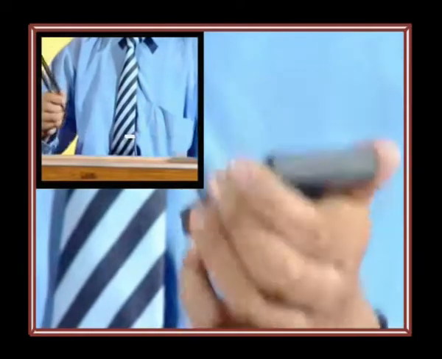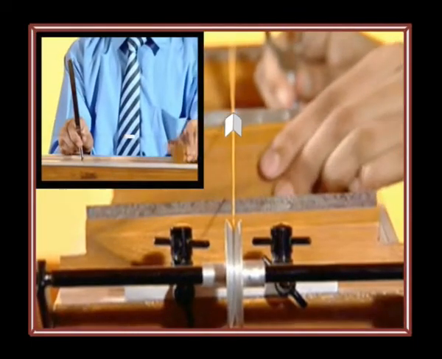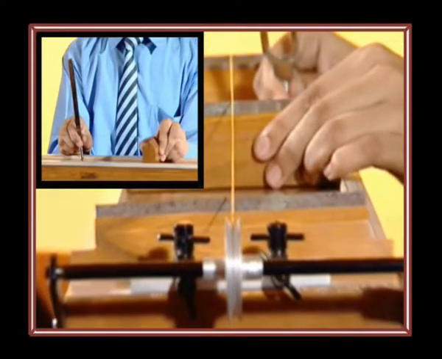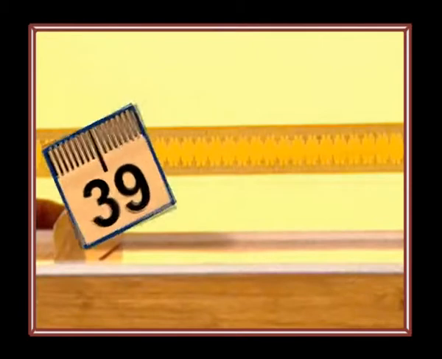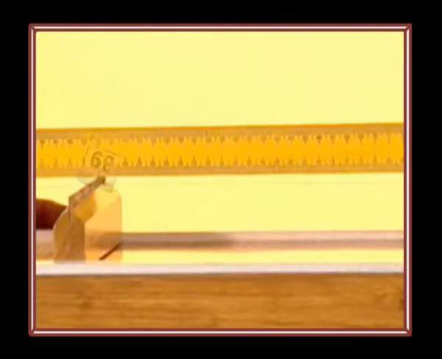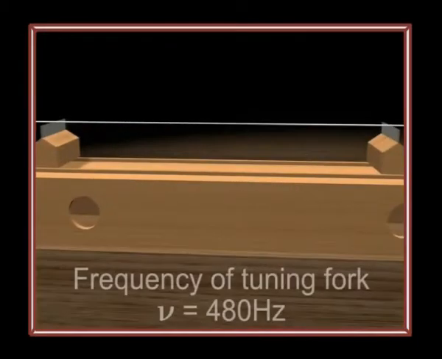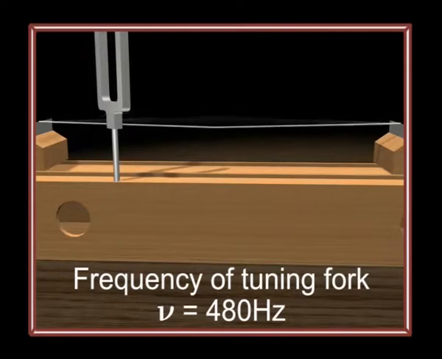Find the corresponding resonant lengths, keeping load fixed, just as you did earlier. Record your observations like this. Frequency of the tuning fork, nu, is equal to 480 Hz.